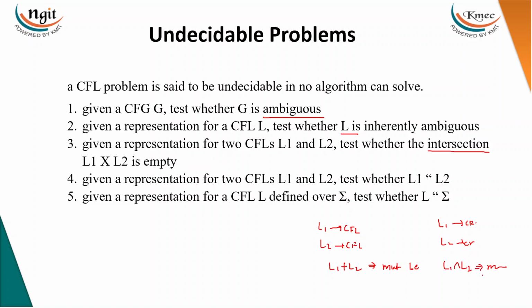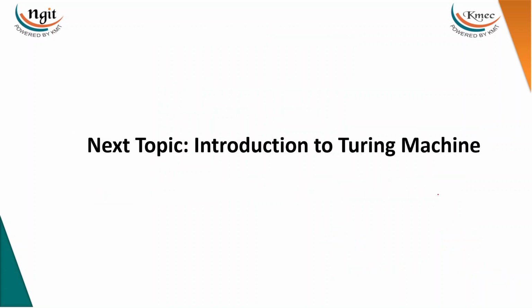It may or may not be CFL, so it is undecidable. In the same way, whether L1 is the complement of L2, whether L1 is a subset of L2, whether L1 is equal to sigma star, which is completeness, and whether it is equivalent to the inverse language are all undecidable problems in context-free languages.